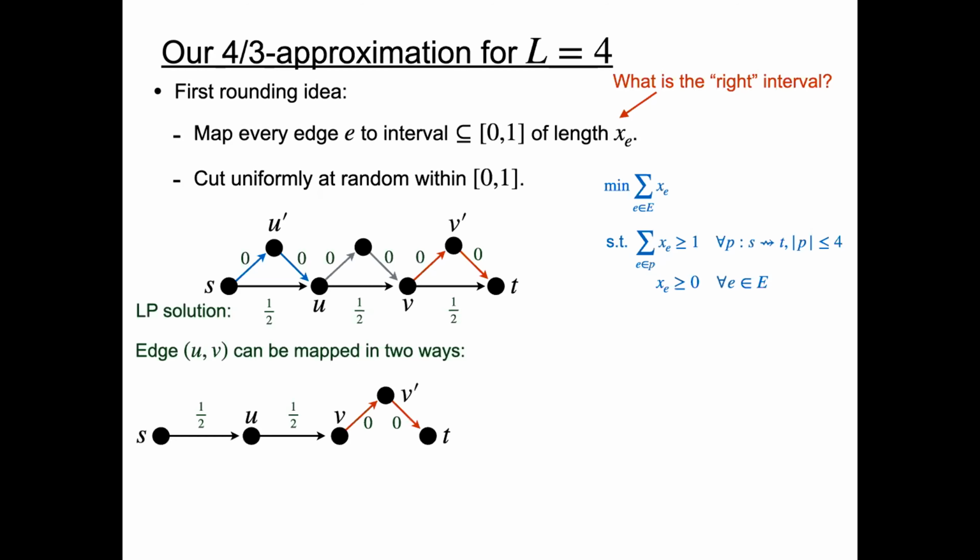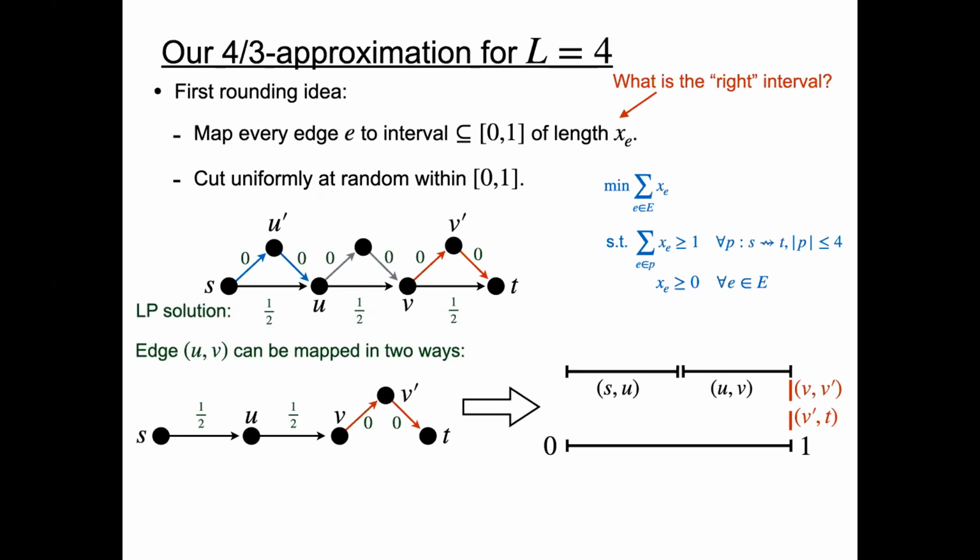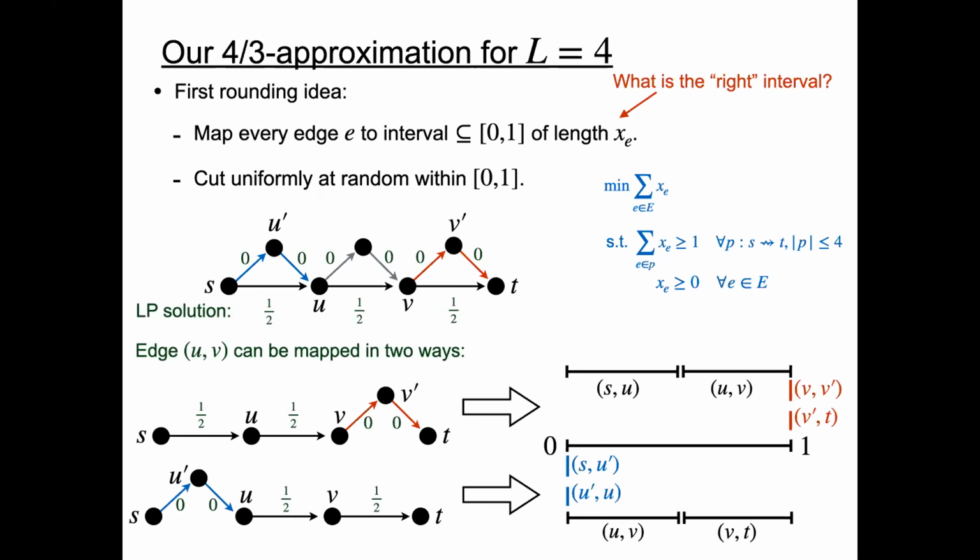Either think of UV as the second edge in a short path from S to T, in which case the natural mapping would be to map the edge UV to the interval [0, ½]. Or you could also think of a short path from S to T in which it's the second to last edge, in which case the natural mapping would be to map it to the interval [½, 1]. So both of these would be natural mappings, and neither of them captures all the possible paths in which you would want to cut UV.